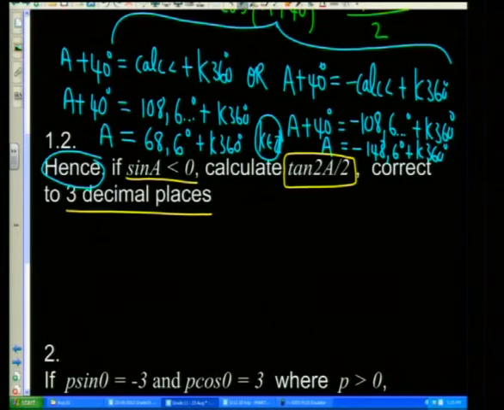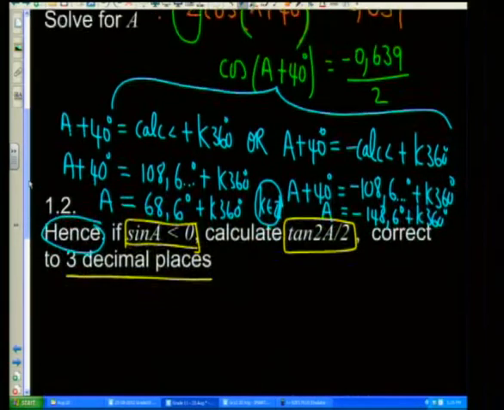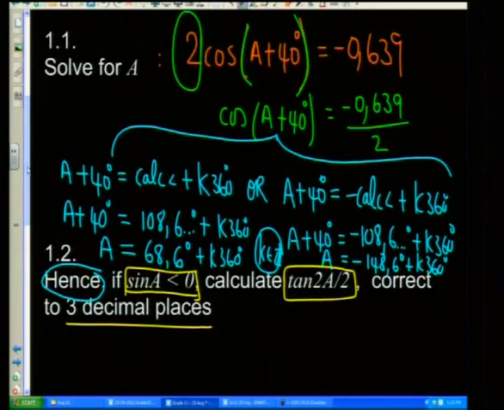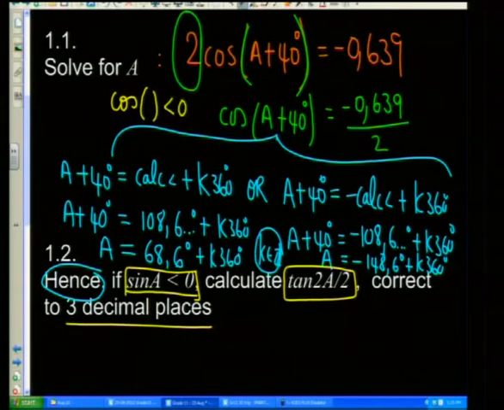So how do we connect this little portion here to what we've already got? Well, originally, can you see that we've been given that the cos of the angle is negative? So we've got cos of an angle, and that is negative. That's what we've solved for. We've solved for when that ratio is negative. At the same time, we want to connect it with sine A is negative.